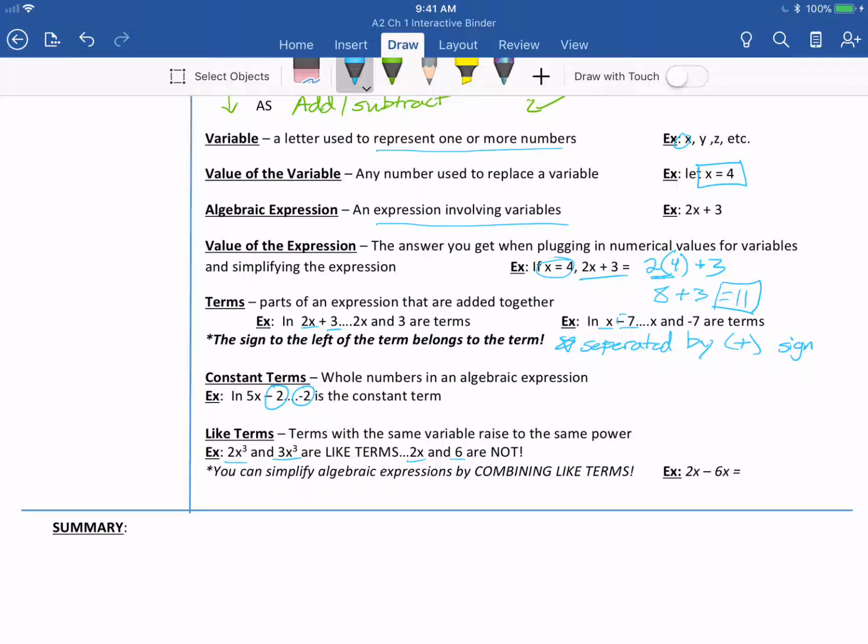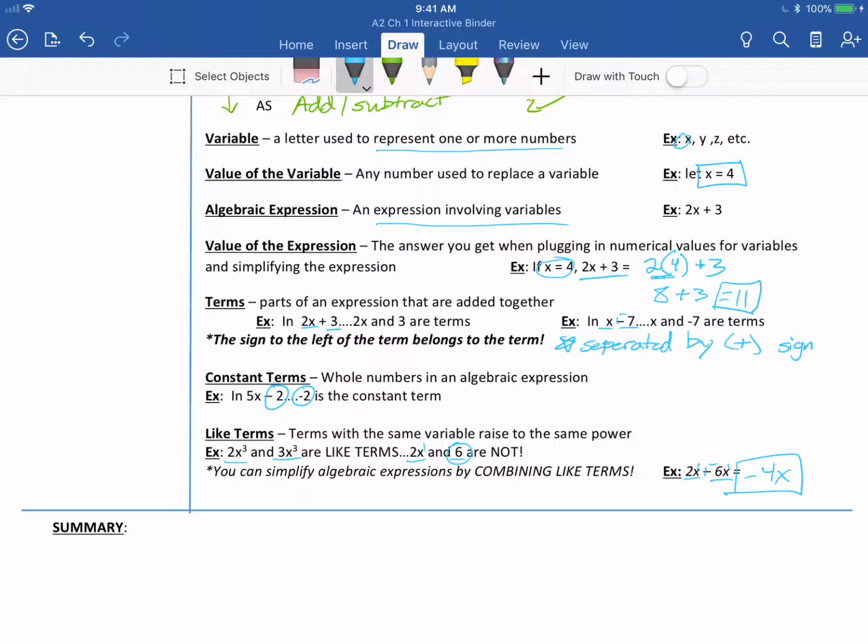They have to have the same variable raised to the same power. 2x to the first is not the same as 6, because 6 does not have an x to the first. If I have 2x and -6x, I like to make that plus a negative. Now I have 2 terms. They are like terms because they both have an x to the first power. So I have 2 x's and -6 x's. They combine to make -4x.